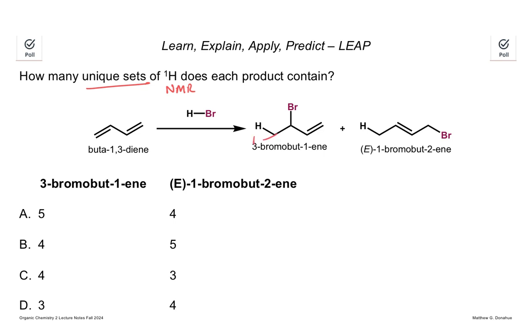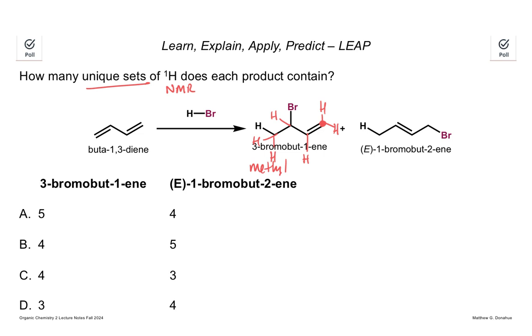So here's the other two H's. That's a methyl group, so those three hydrogens are one set. We move over to the next carbon, there's one hydrogen there, so that's another set. We have the alkene H, that's a third set. Now on carbon 4, how many hydrogens are there? There are two.